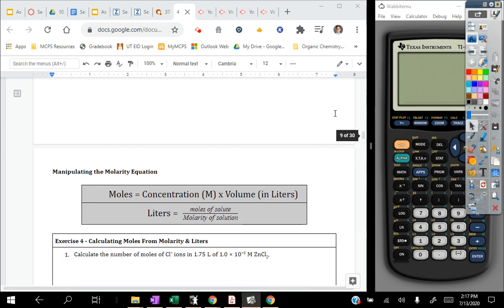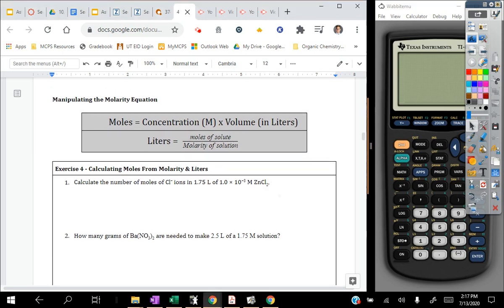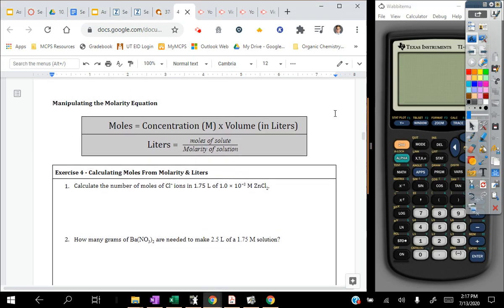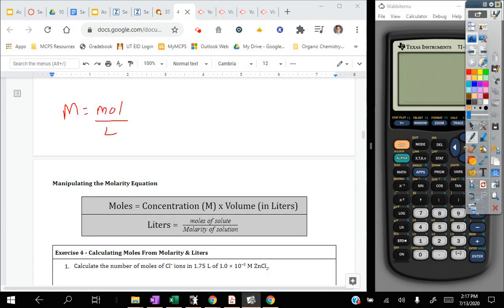Okay, welcome back. We're going to continue today's lesson by looking at how to manipulate the molarity equation. It is a 3-variable equation, so there are a couple of ways to manipulate. Molarity is equal to moles over liters.